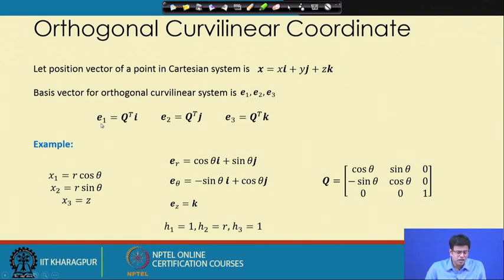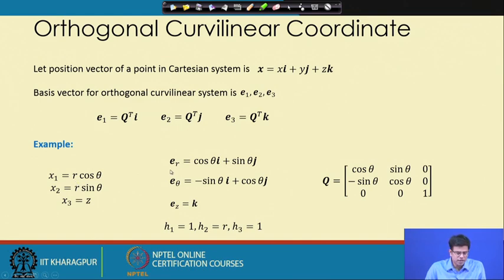Now, as we know from our transformation rule, a vector is transformed with a matrix. So now e1 can be simply transformed as q transpose i, e2 can be represented as q transpose j, and so on. For example, consider the cylindrical coordinate system, where x1, x2, x3 are related as r cos theta, r sin theta and z.